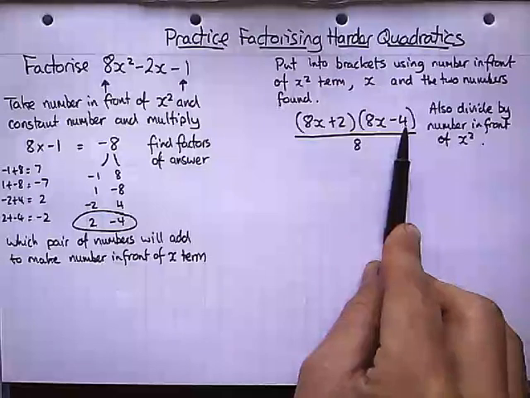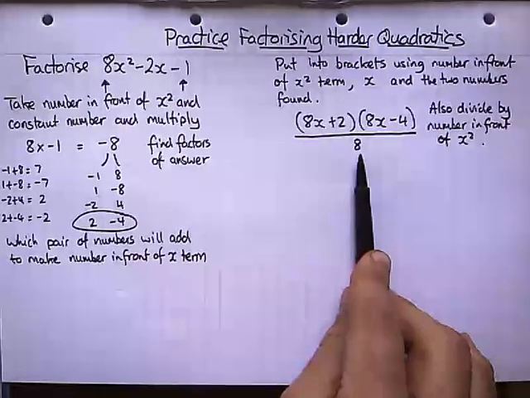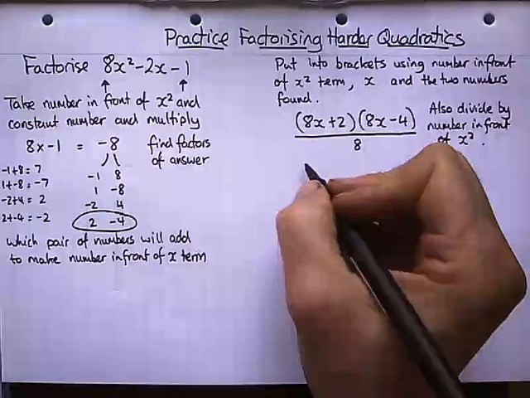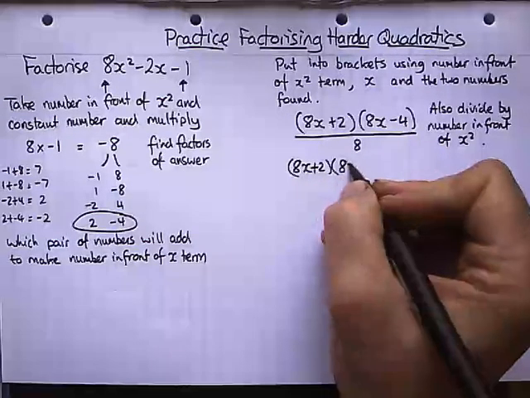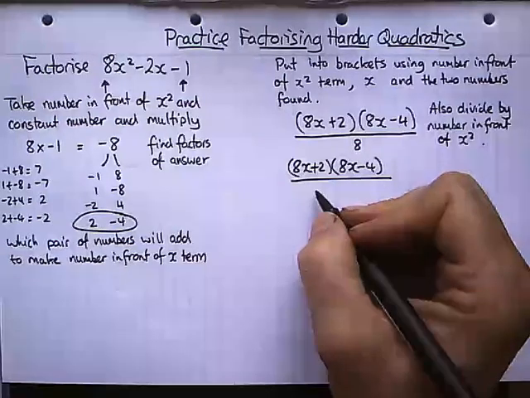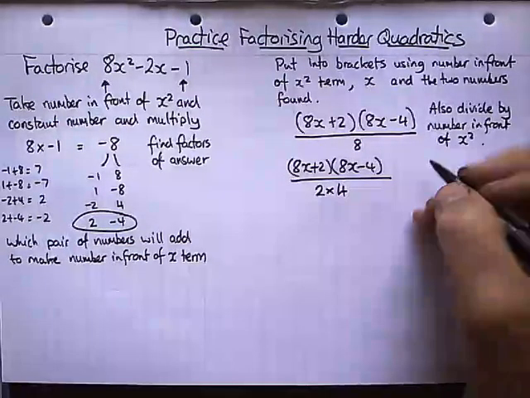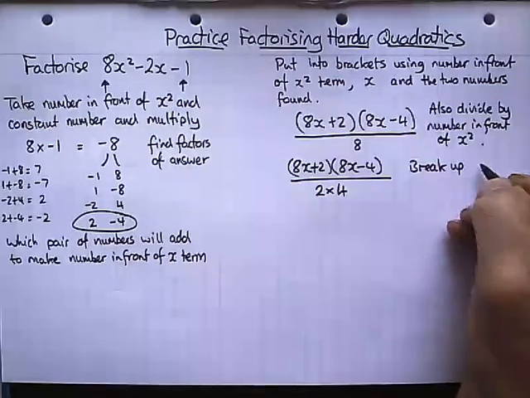So I'm going to break up this number into numbers that will divide into these two brackets. So I'm going to write 8x plus 2, 8x minus 4 divided by, and I'm going to write it as 2 times 4. 8 is 2 times 4. So break up if necessary.